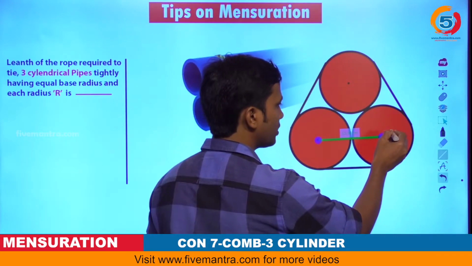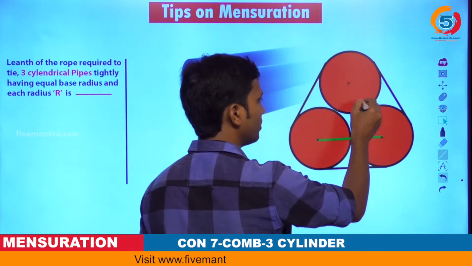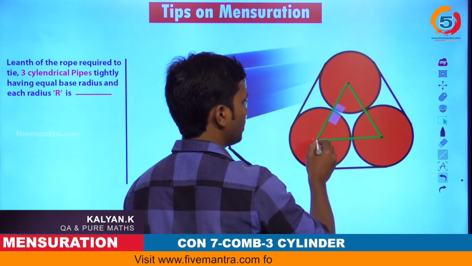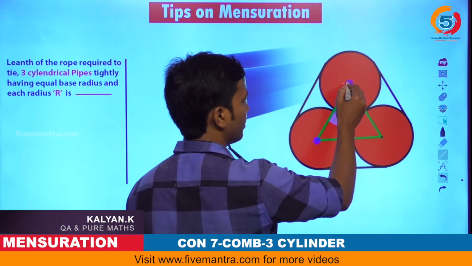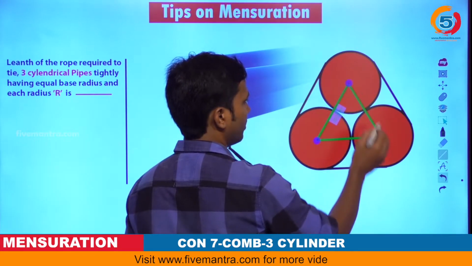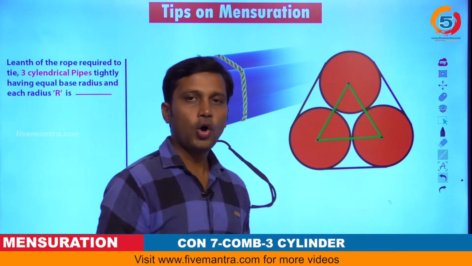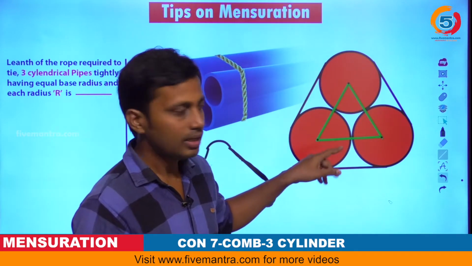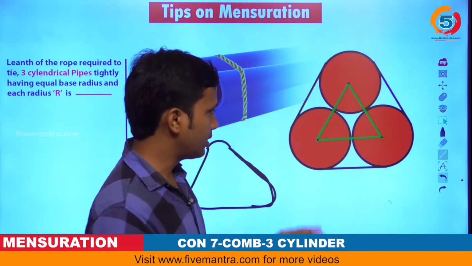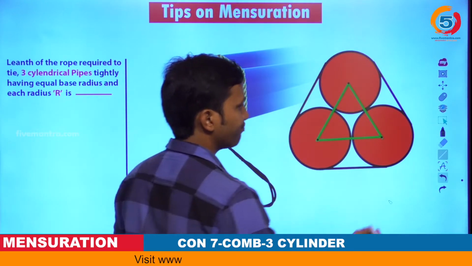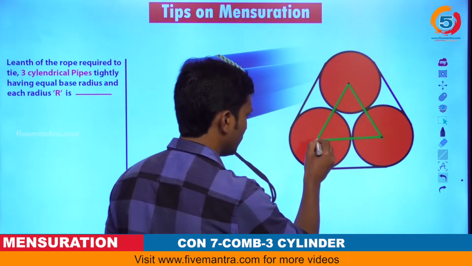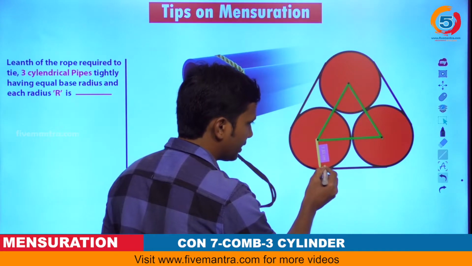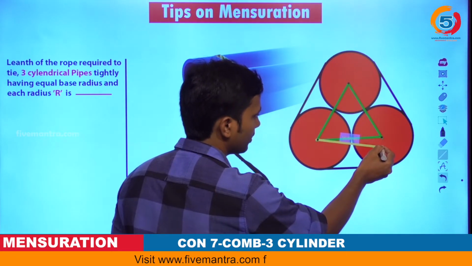Now again if you join these centers also, again we can join these two centers. Now we have joined all the centers of the circles in the bases of the cylinders. Now let us do some more construction. I am joining these centers with the points on the circumferences like this.